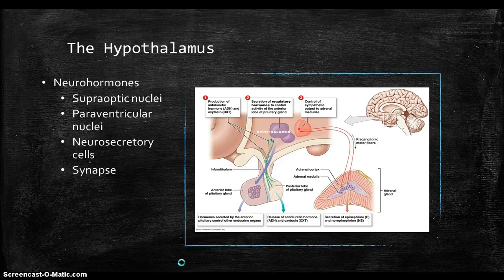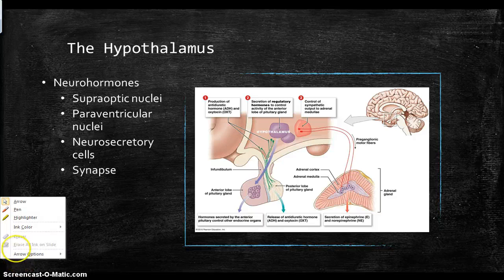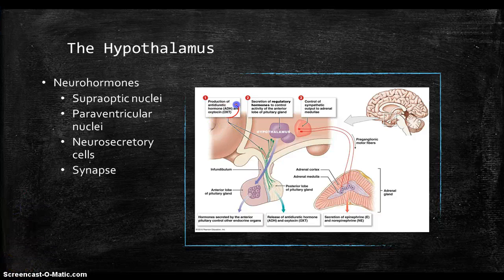Looking at the neurohormones that are being produced by the hypothalamus, this includes antidiuretic hormone and oxytocin. They are produced by the supraoptic nuclei. Supraoptic is above the optic chiasm, which is located right here.